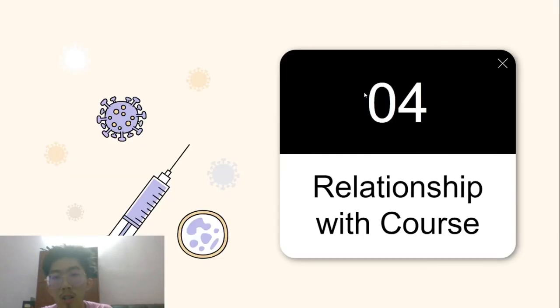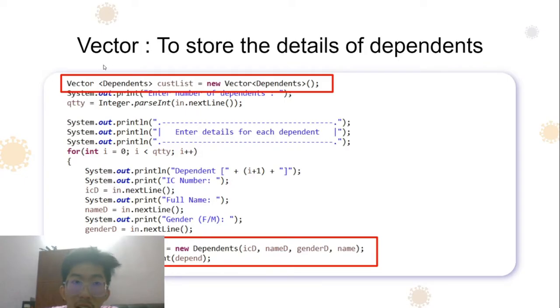In this program, we have implemented some of the OOP concepts that we have learned in class. The first is the vector concept, used to store the details of the dependents. You can see that this is the vector named customer list, and it only accepts the data type of dependents.